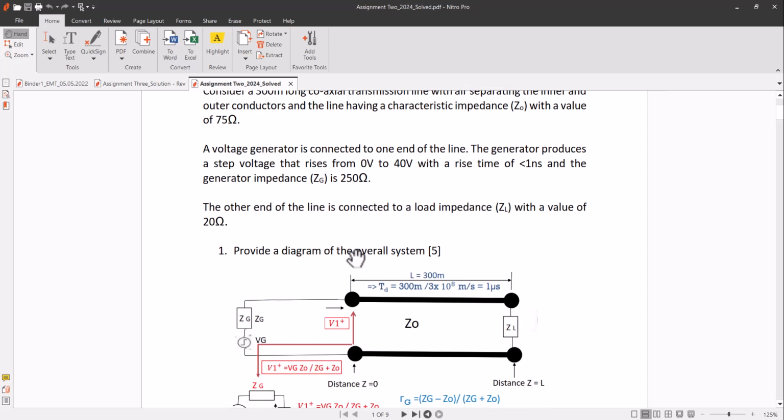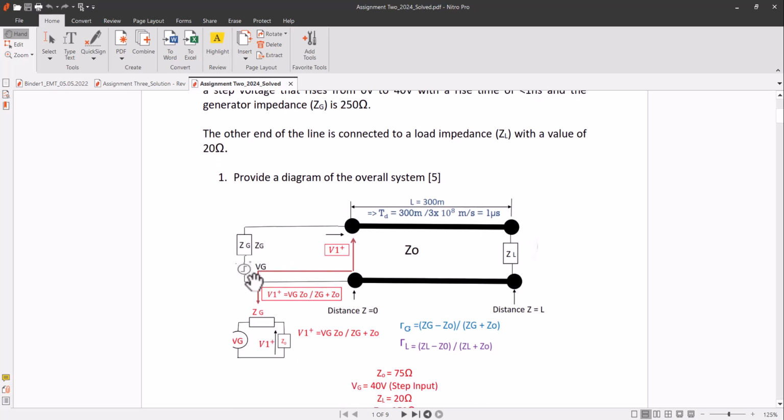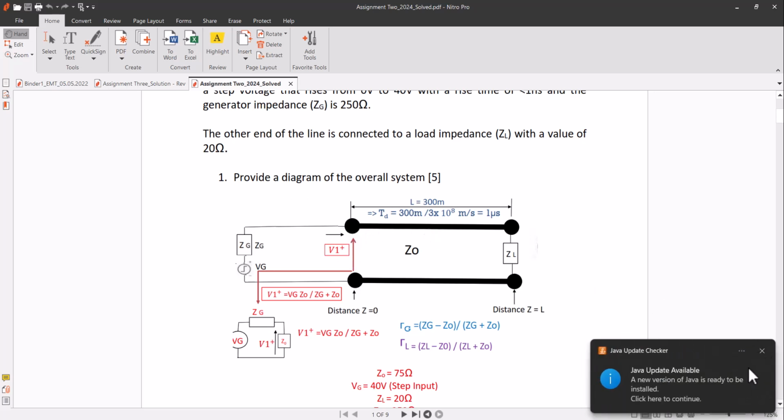Please provide the overall diagram of the system. So this will be the overall diagram. Here we have the source Vg, a step input, and then its impedance Zg, which is connected to the transmission line, and its total length is 300 meter.